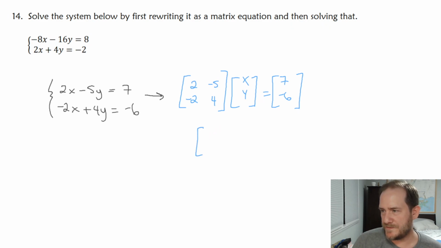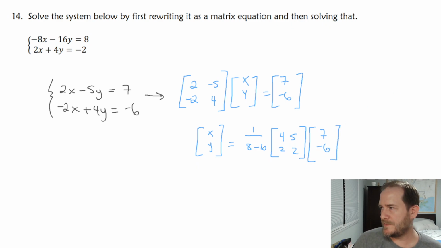So that means the matrix x, y is going to equal the inverse of this. So 1 over 8 minus 10 times the modified matrix 4, +5, +2, 2, times the matrix 7, -6.